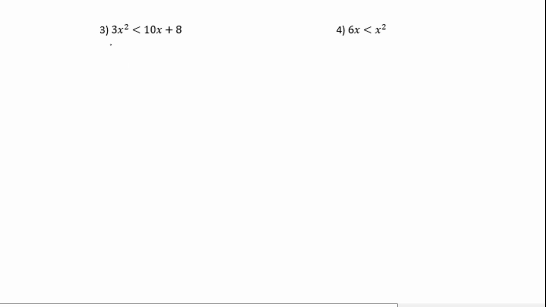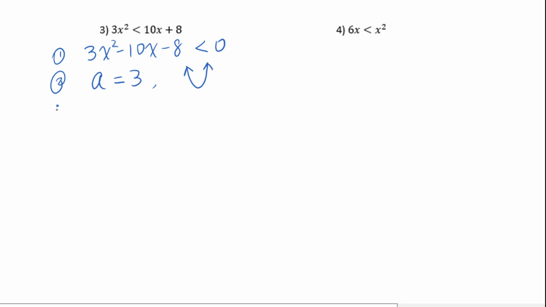Let's go to number 3. For number 3, first of all, you need to get less than 0 form. So we have 3x squared minus 10x minus 8 less than 0. Second step, since a equals 3, the graph is open up. The third, we will set up 3x squared minus 10x minus 8 equals 0.